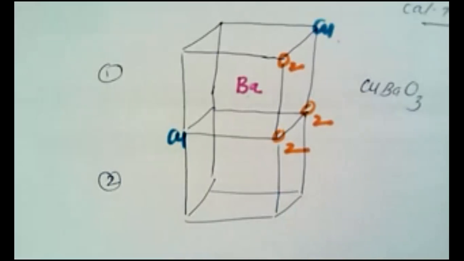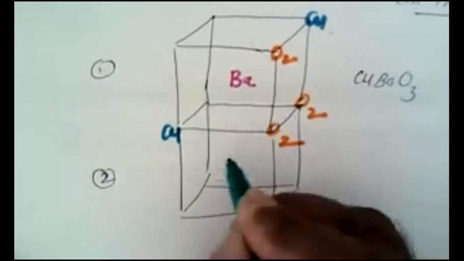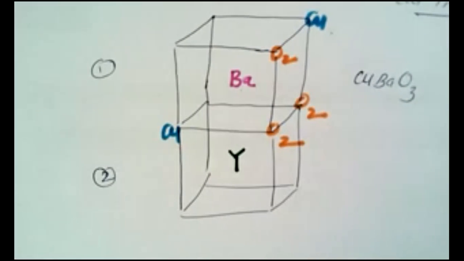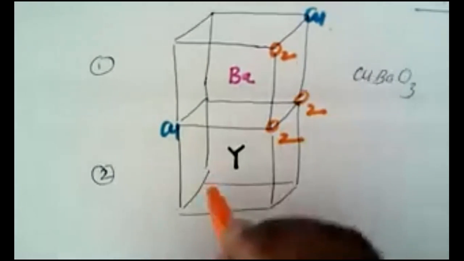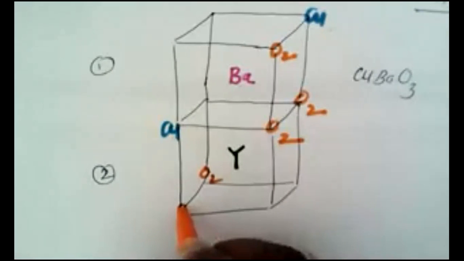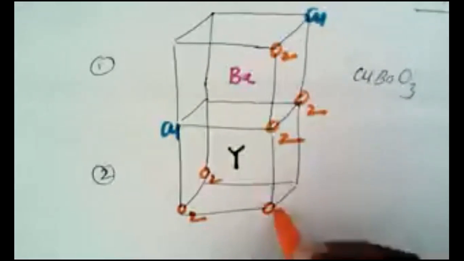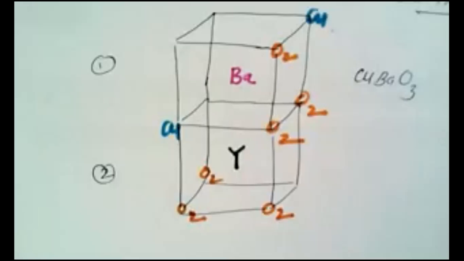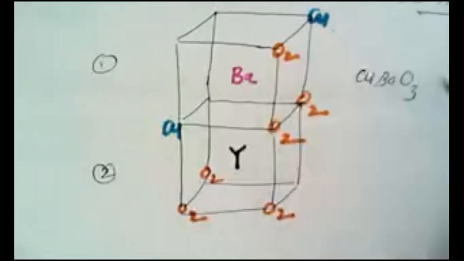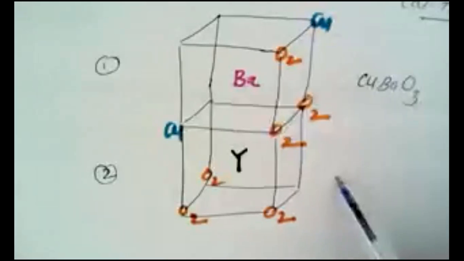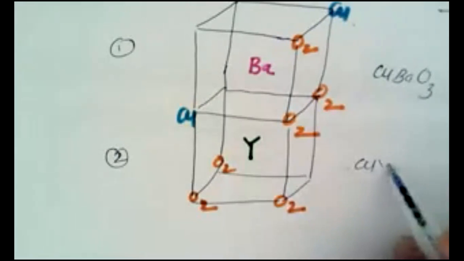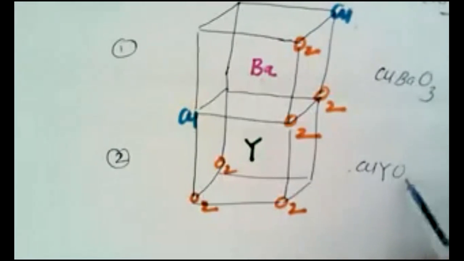Then at the center, yttrium is present, and again this is surrounded by oxygen atoms: the first, second and third oxygen atoms. We wrote CuBaO3 for the first cube; on similar grounds we can write this as Cu, yttrium and 3 oxygen atoms.